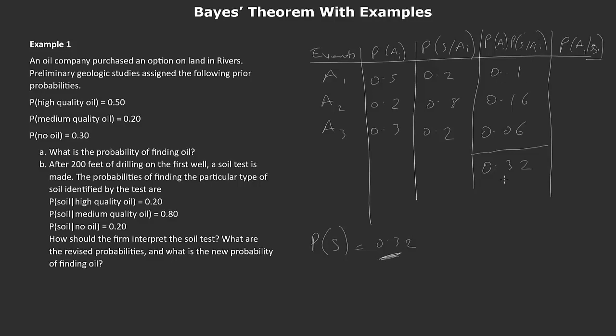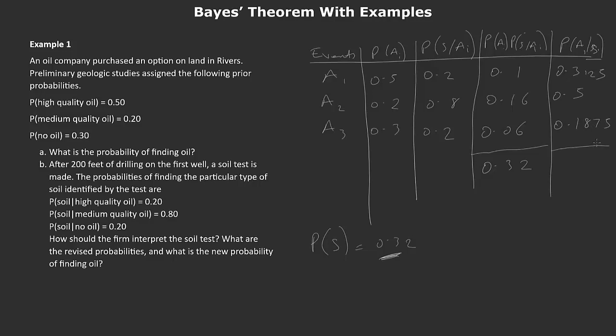So 0.1 divided by 0.32 gives you 0.3125. Then 0.16 divided by 0.32 gives you 0.5. Then the third will be 0.06 divided by 0.32, and that will give you 0.1875.